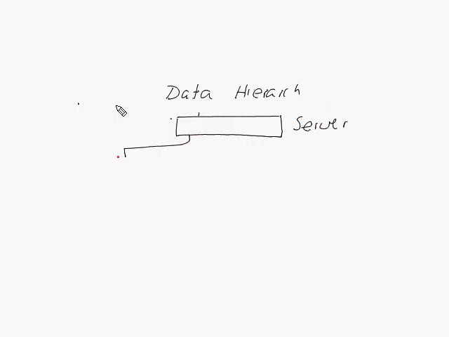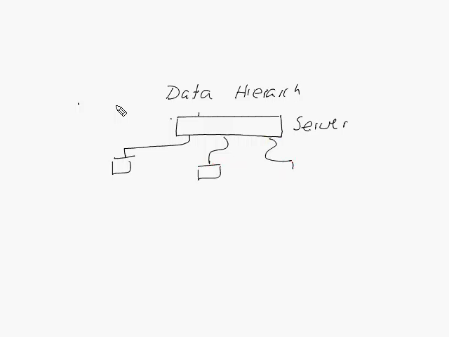We said something about data hierarchy. How did data hierarchy come into place? Of course, we have a server. Let's consider this a server. And this is the database server. Database server can have multiple database applications.